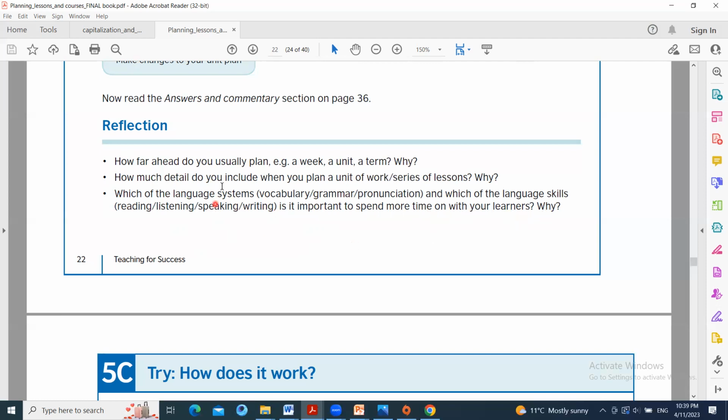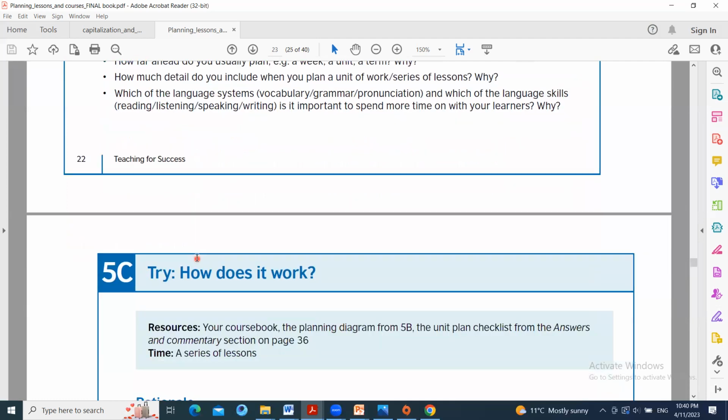Remember, language systems include vocabulary, grammar, and pronunciation. Language skills are reading, listening, speaking, and writing. We call them receptive and productive skills, or even input and output.